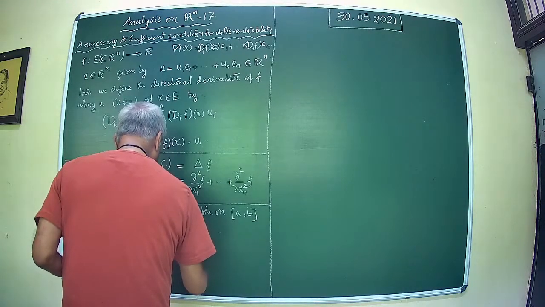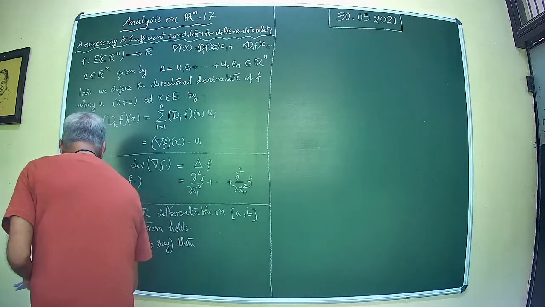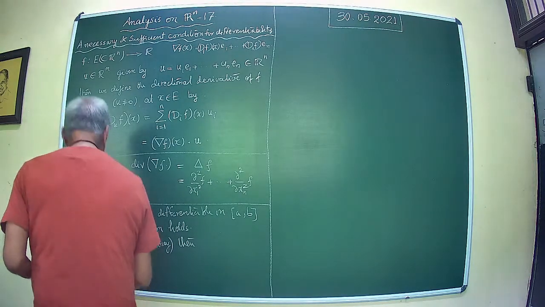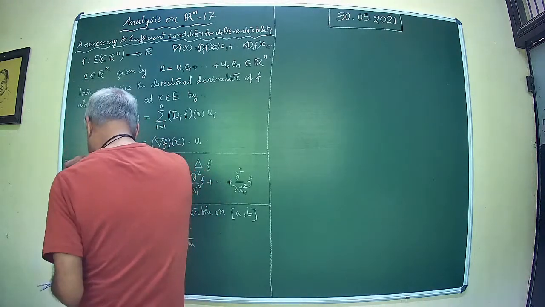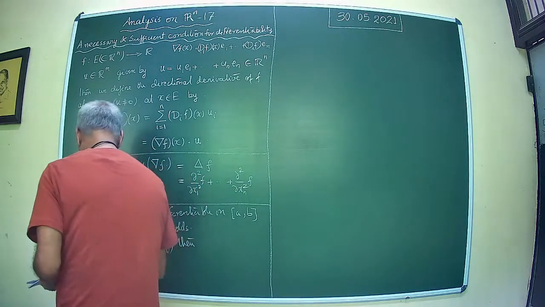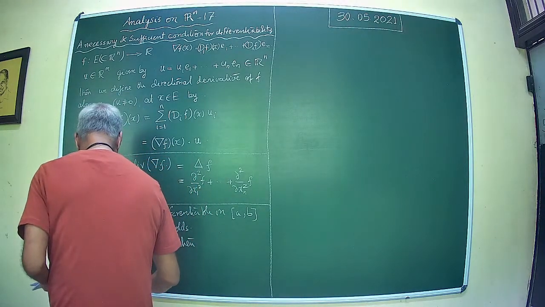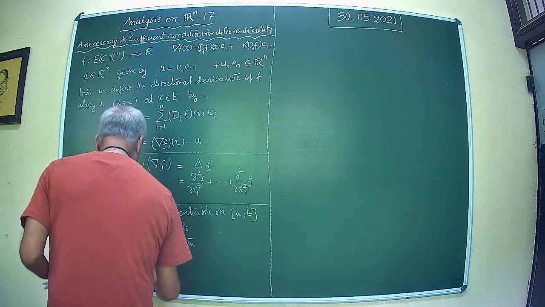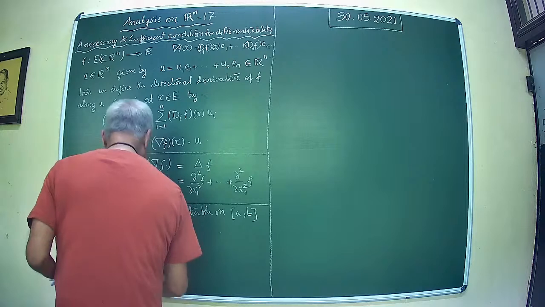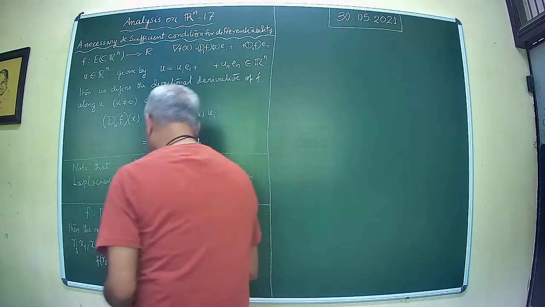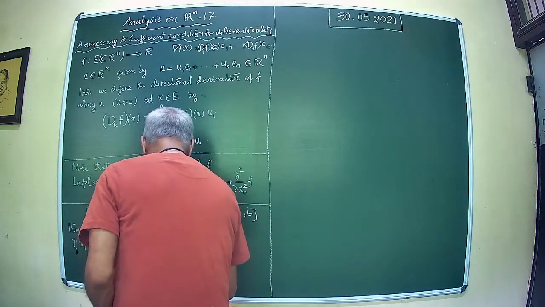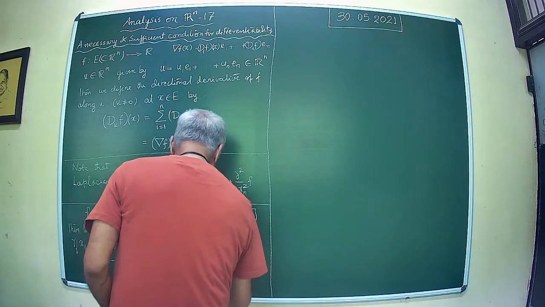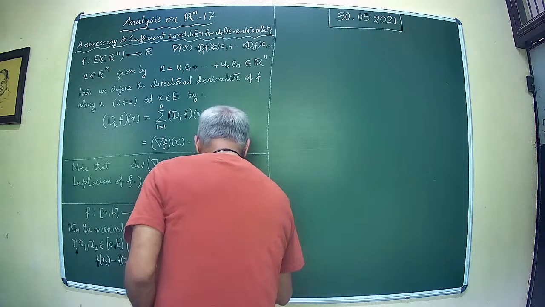If x1 is less than x2, then we have f(x2) minus f(x1) equals f derivative at psi into (x2 minus x1), where psi is some point in the open interval.